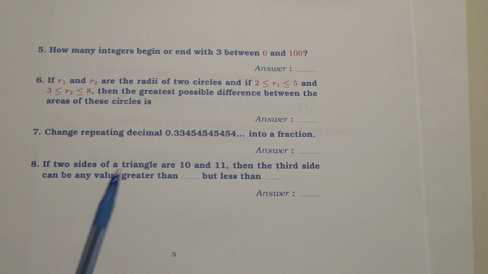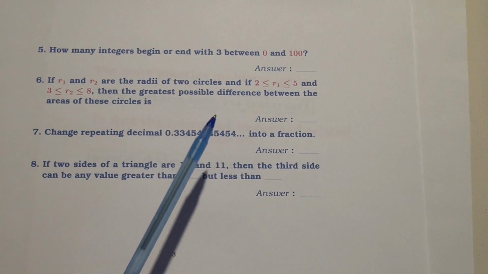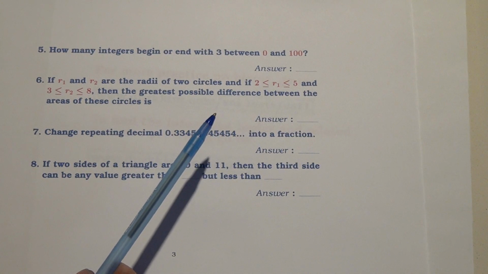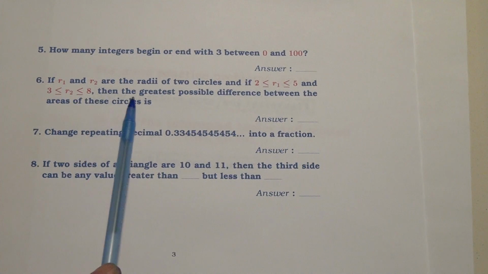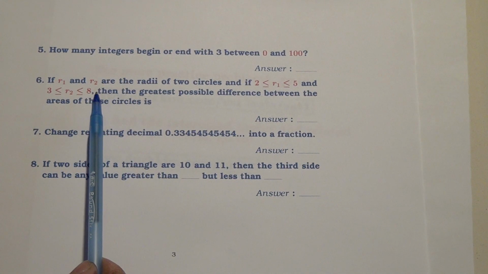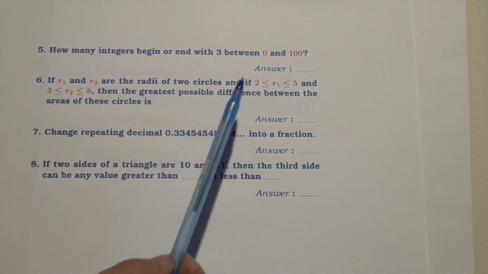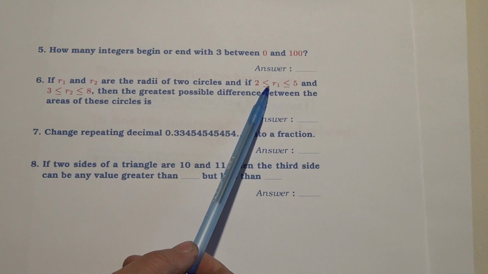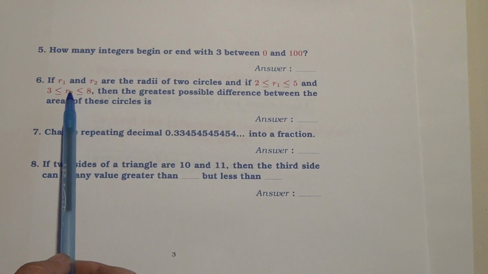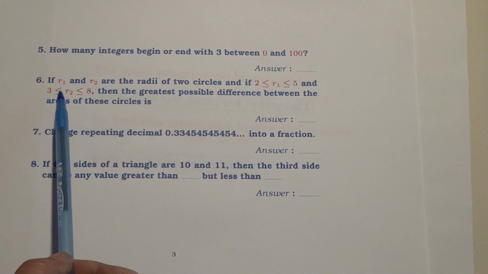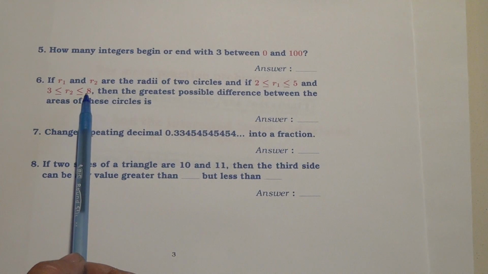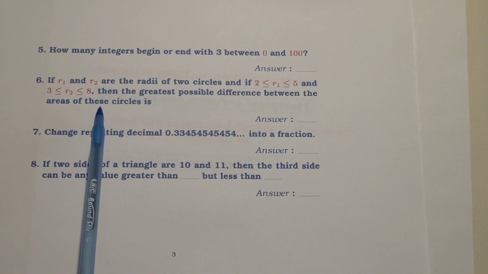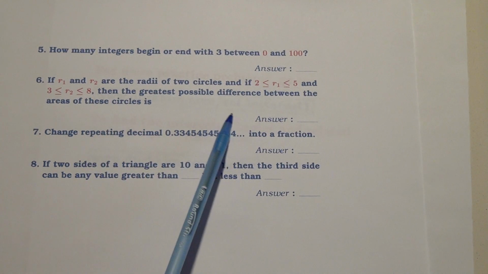Now, page 3. We have 4 questions here. Number 5: How many integers begin or end with 3 between 0 and 100? Number 6: If R1 and R2 are the radii of 2 circles, and R1 is greater than or equal to 2 and less than or equal to 5, and R2 is greater than or equal to 3 and less than or equal to 8, then the greatest possible difference between the areas of these circles is what?